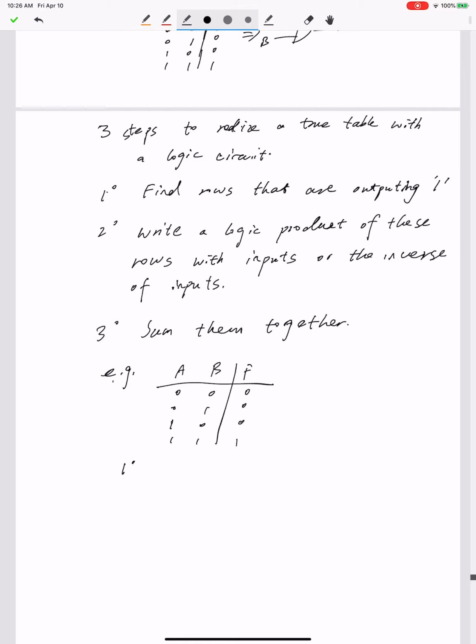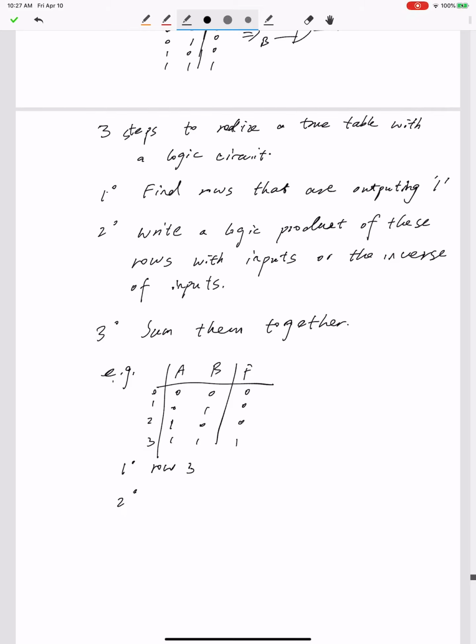For referring convenience, let's number these rows, counting from 0. So that will be 0, 1, 2, 3. After that, we have row 3 outputting 1.